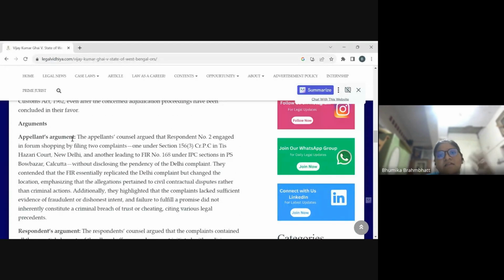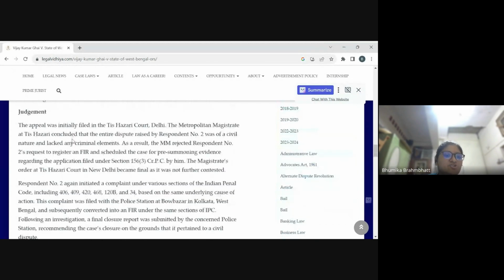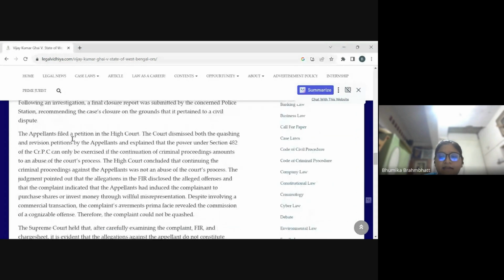I can say that you should write like this, because it will make half your difficulty in getting your case analysis published, right? You should write and follow the particular structure like this. So respondent argument, then the judgment. And I will give one tip: you should write in points.